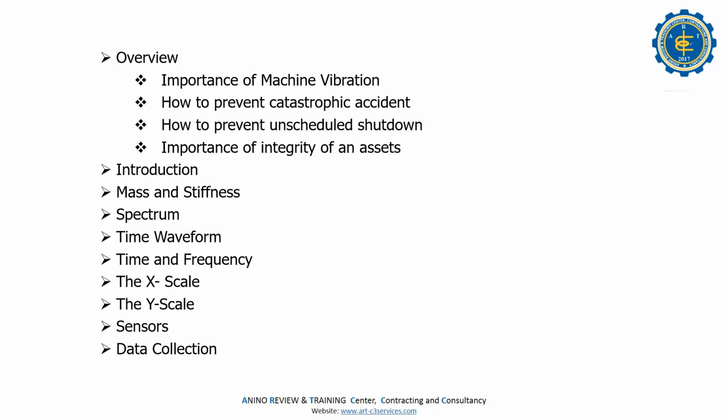If there is an accident in the company, there's a big loss of production. How to prevent unscheduled shutdown: if the equipment is not monitored, that will happen. An unscheduled shutdown will happen if there is no monitoring.